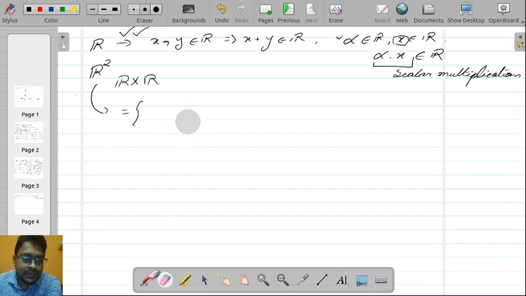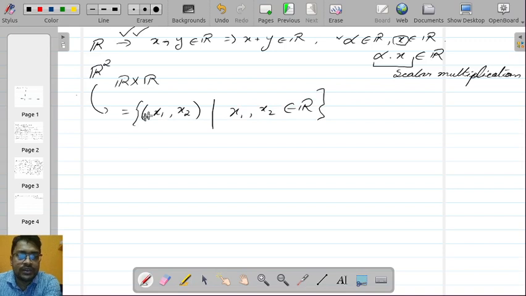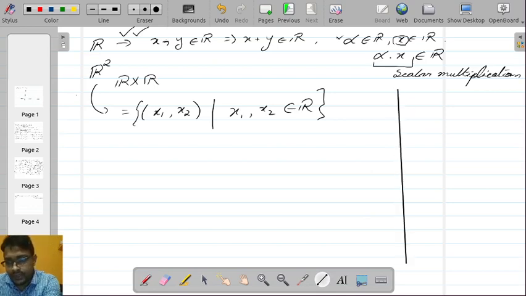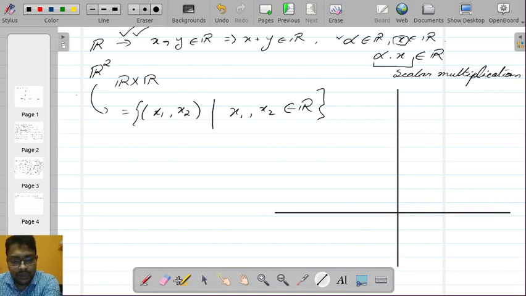So it is the collection of x1, x2, where x1 is the first coordinate, x2 is the second coordinate, such that x1, x2 are real numbers. Geometrically this is nothing but the collection of points in the xy plane.